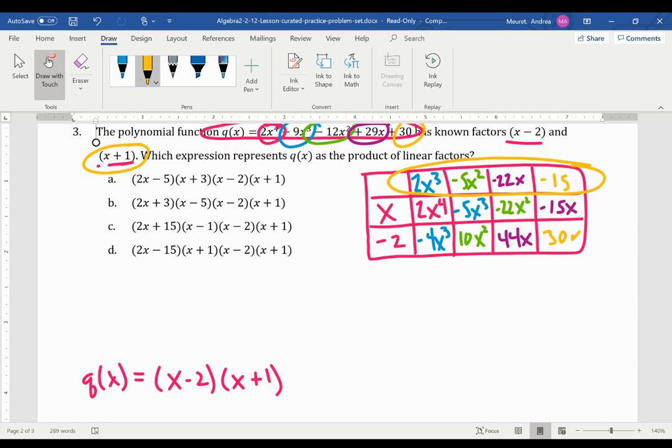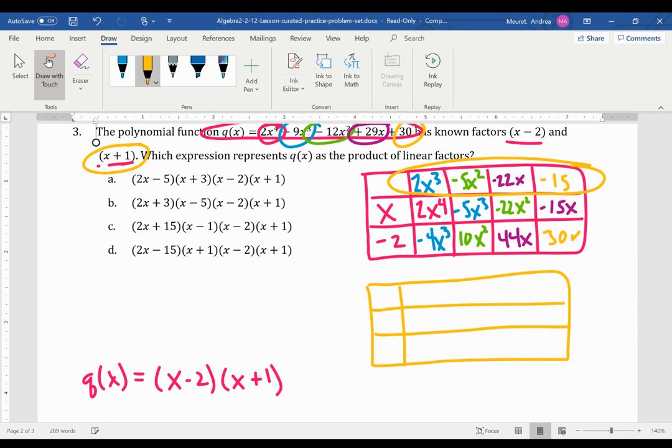Okay, so that polynomial has 3 terms, which means that when I make the little box, I need a row for my new answer. I need a column for the x plus 1, another row to separate the x and the positive 1.